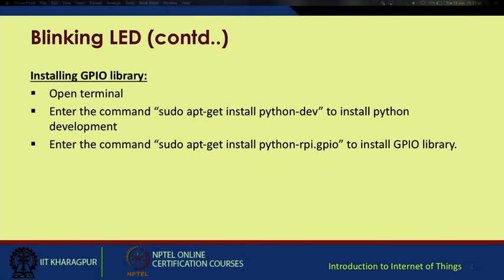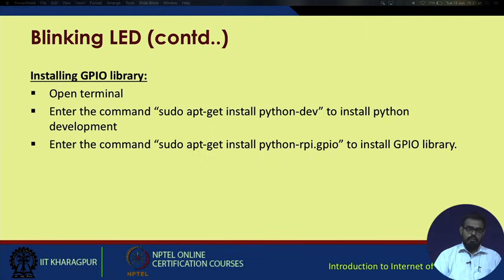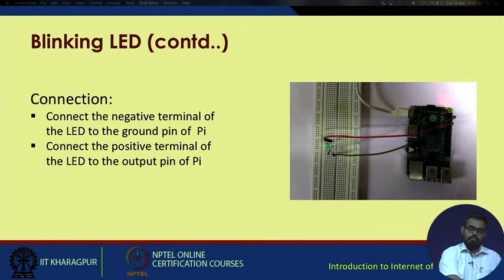Once your Pi is configured and ready to go, on the terminal you just type the command sudo apt-get install python-dev. Once this operation is over, you type the command sudo apt-get install python-rpi.gpio. Once these 2 are installed on your Raspberry Pi based system, you are ready to go.